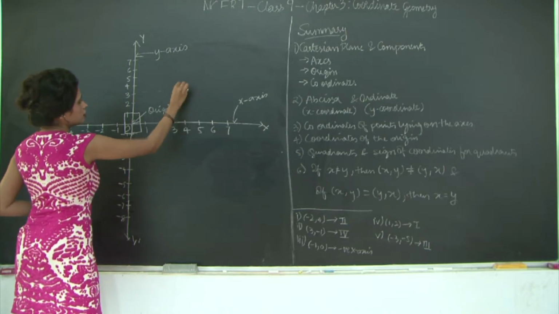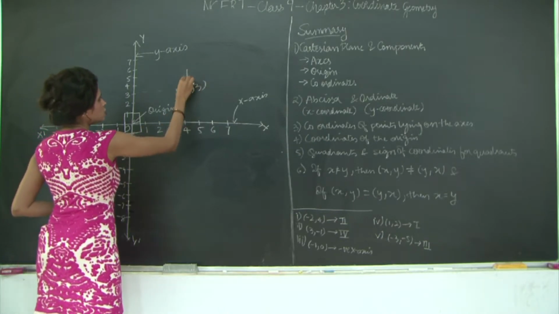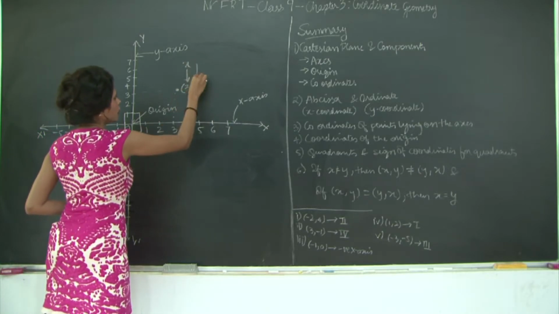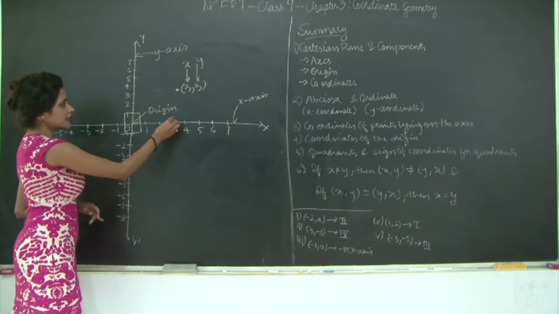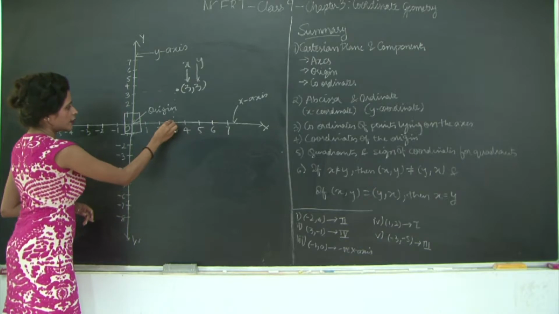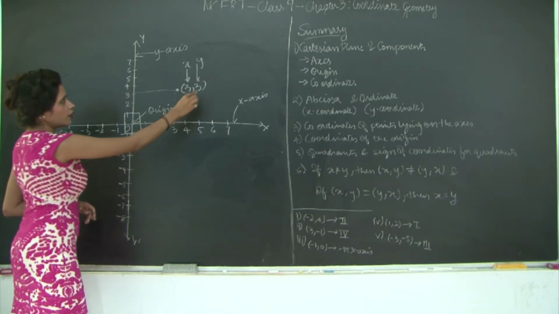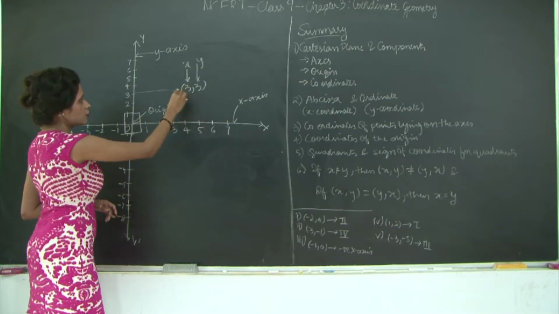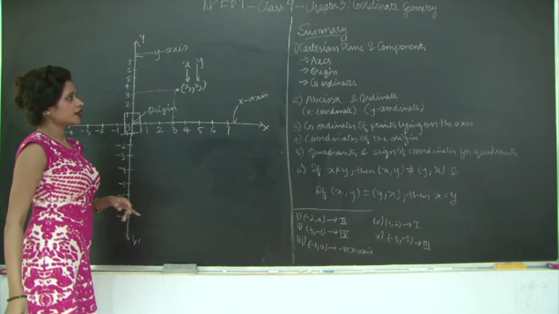So here my point is 3 and 3. This is the x coordinate and this is the y coordinate. So what is the x coordinate and y coordinate? X coordinate is nothing but the perpendicular distance from your y axis. So this is the perpendicular distance from your y axis, which is this, right? And y coordinate is the perpendicular distance from your x axis, which is this, which is also 3 out here, right?